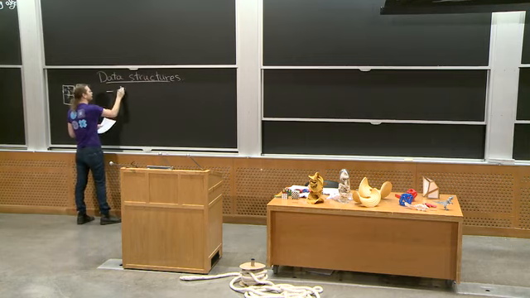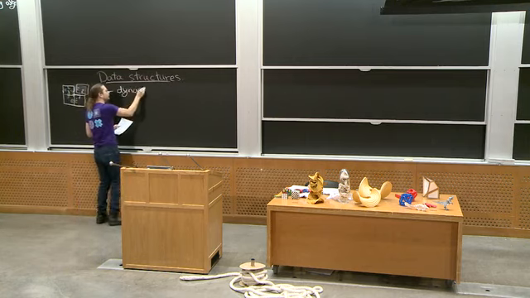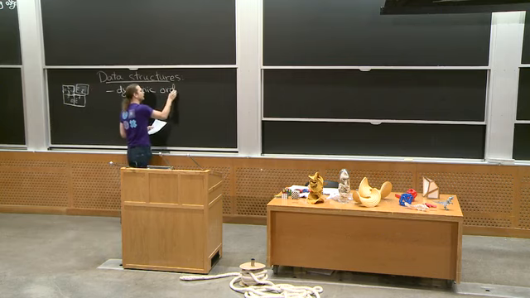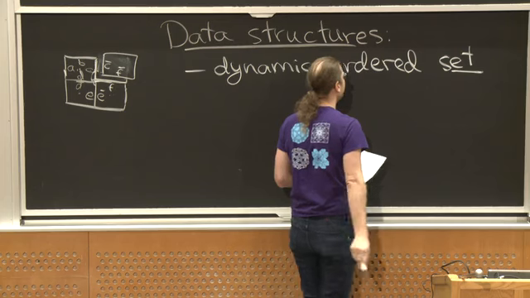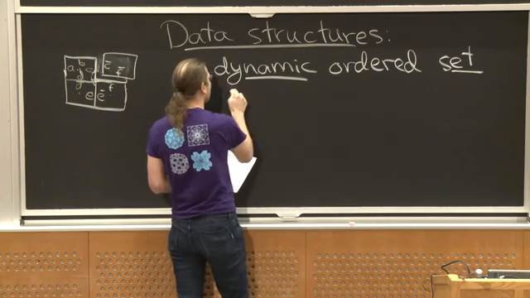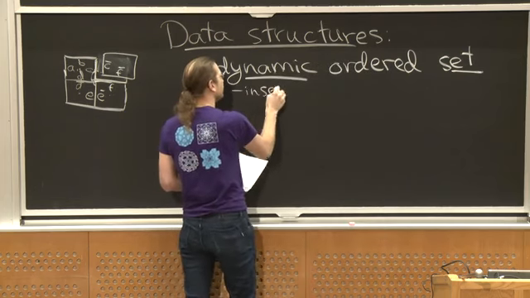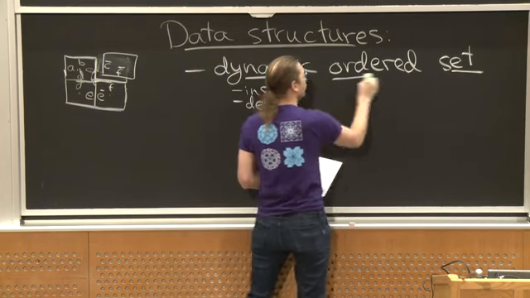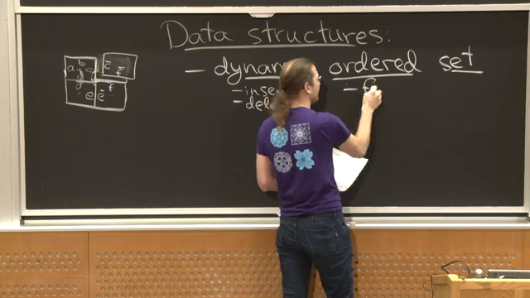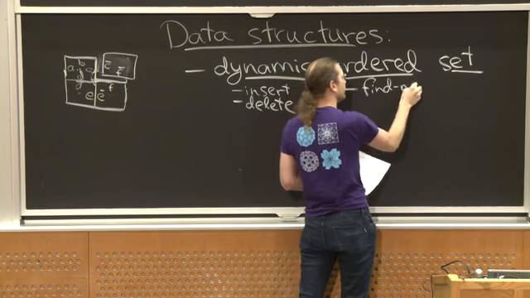So suppose you want to store a dynamic ordered set. So this is the set interface, dynamic in the sense that I have insert and delete, and ordered in the sense that I want to support find next and find previous.